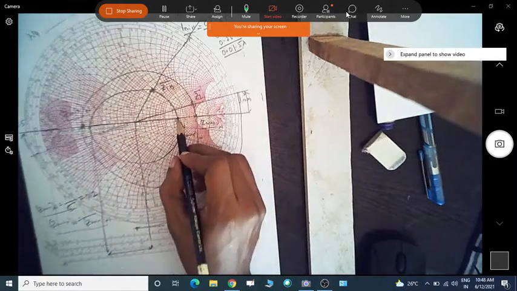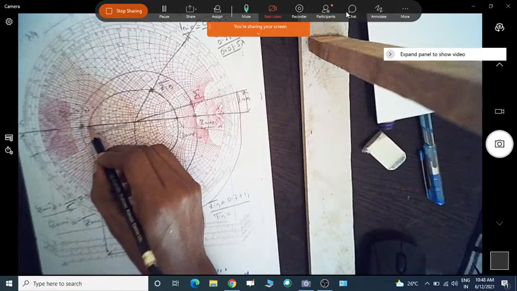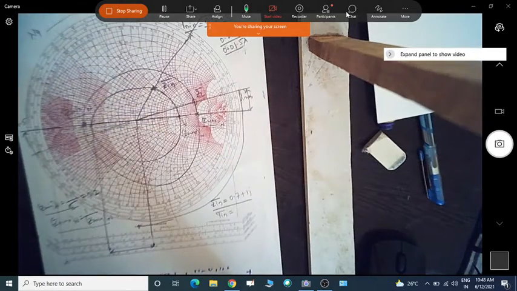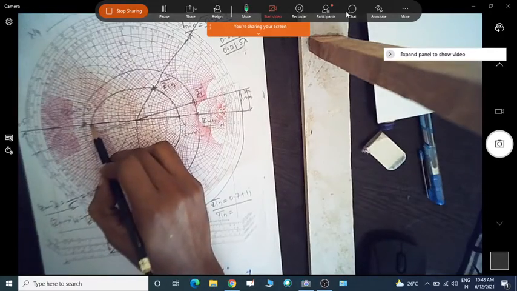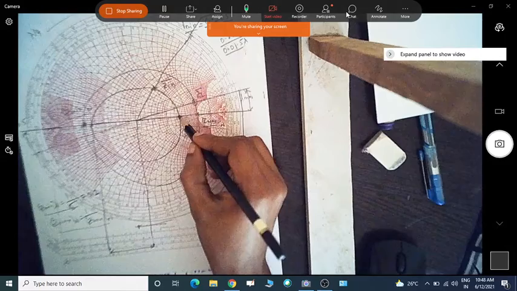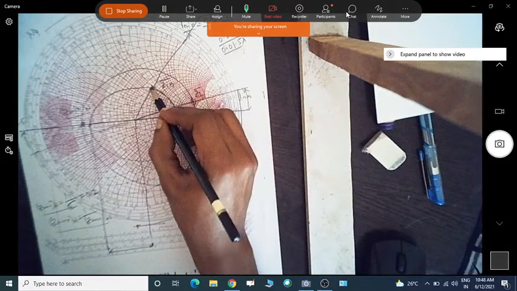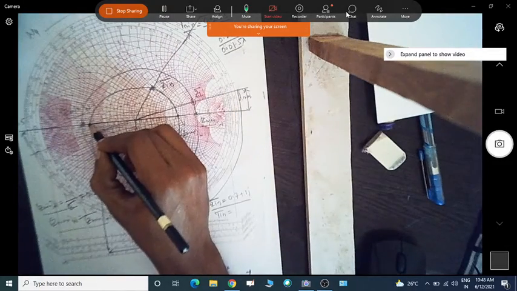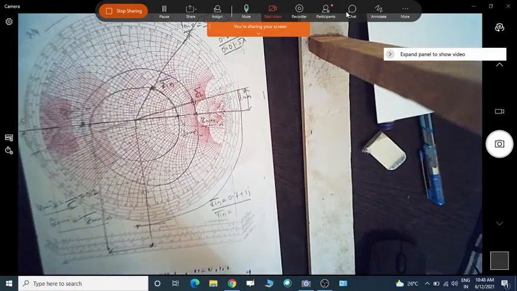Similarly, you can move a lambda by 4 distance and you will get the minimum normalized impedance. The corresponding length from here to here is L max, and from here to this point it is L minimum. So is it clear? Any doubt? How we can find out Z max, Z min, L max and L min?